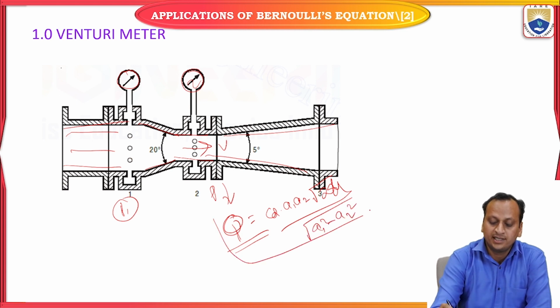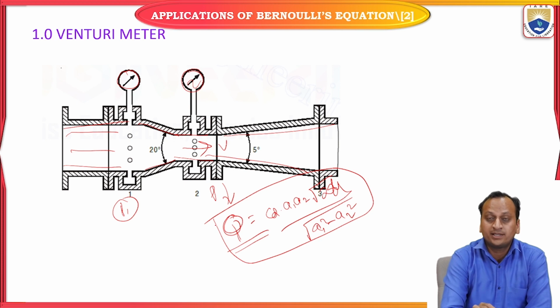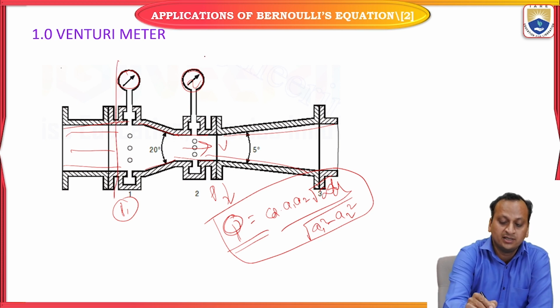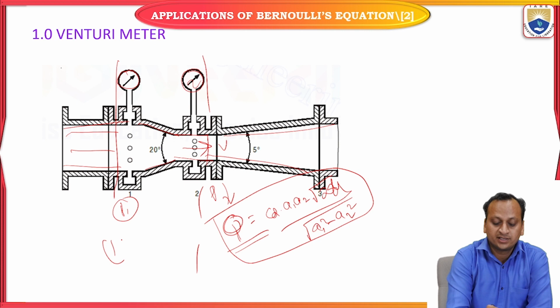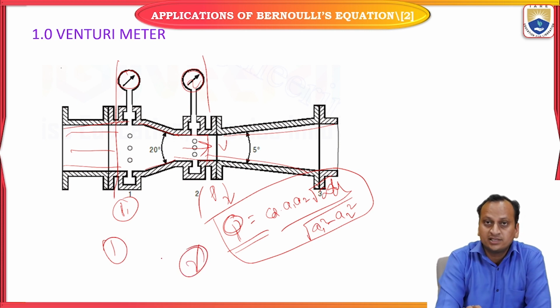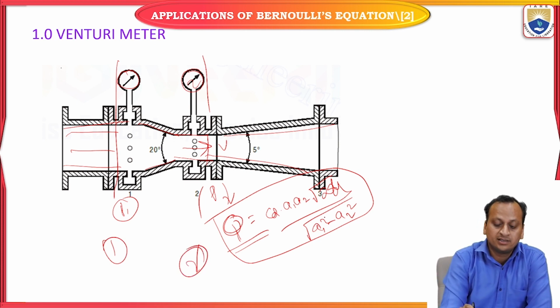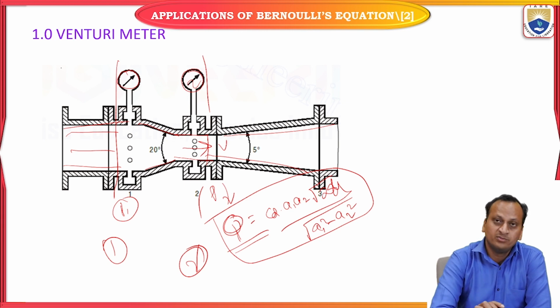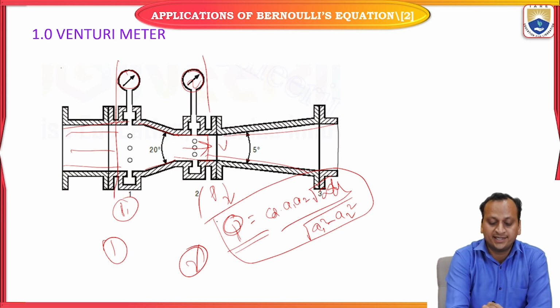In order to derive this equation, we will apply Bernoulli's equation on section 1 and section 2. We have gone through the statement and its assumptions. At 2 different points, the total energy remains constant.